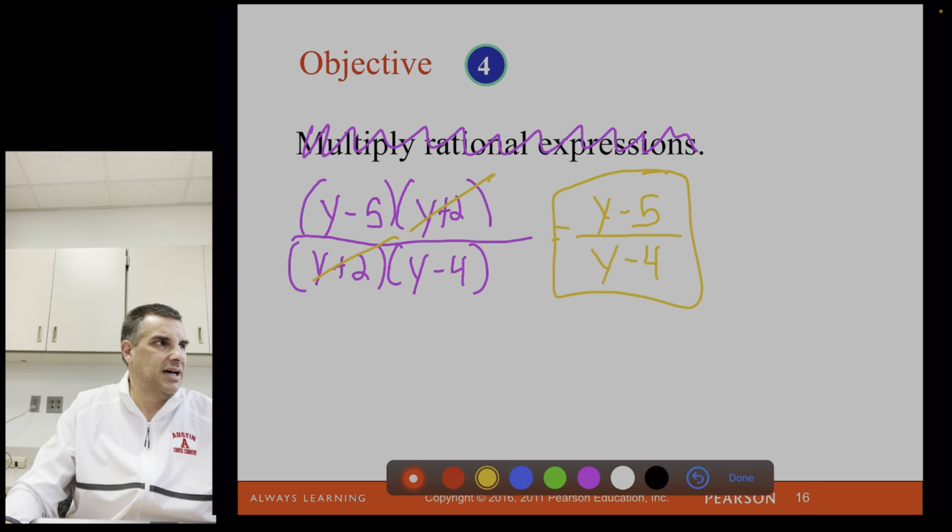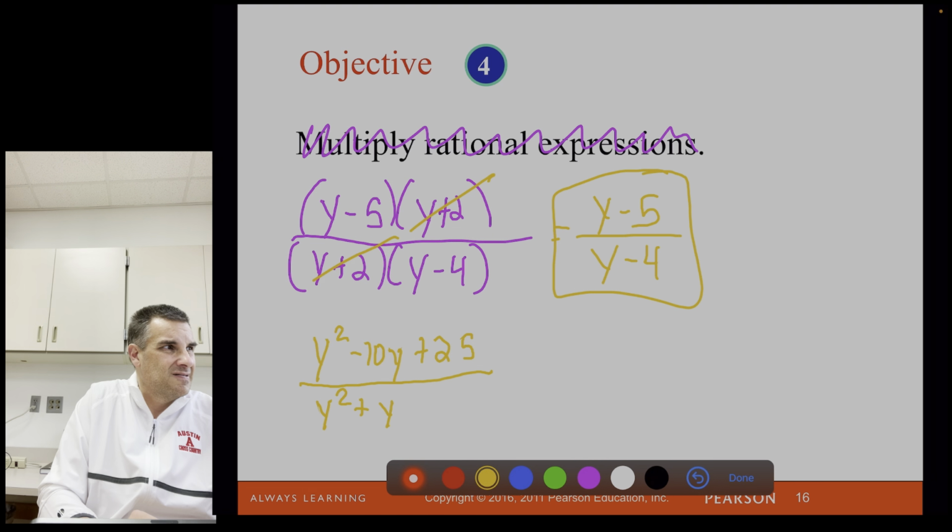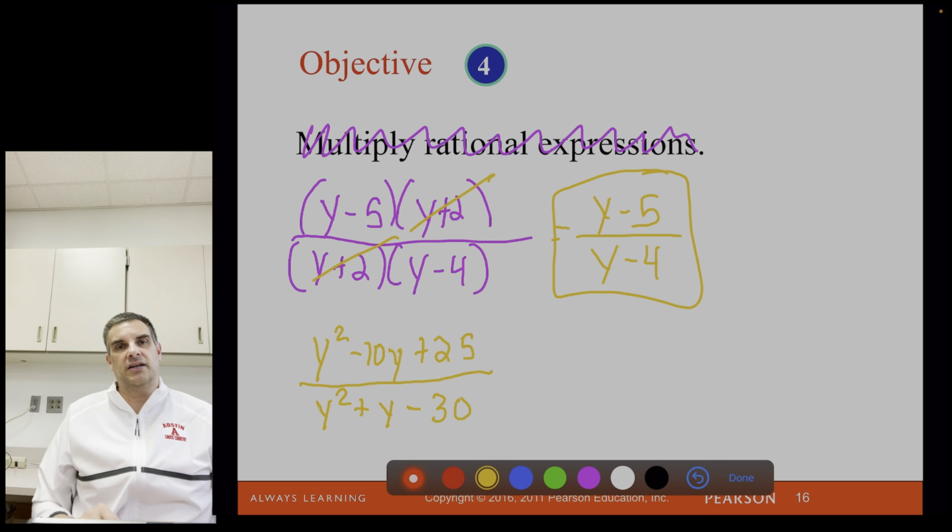Let's look at one more. y squared minus 10y plus 25 over y squared plus y minus 30. So we're going to simplify this.